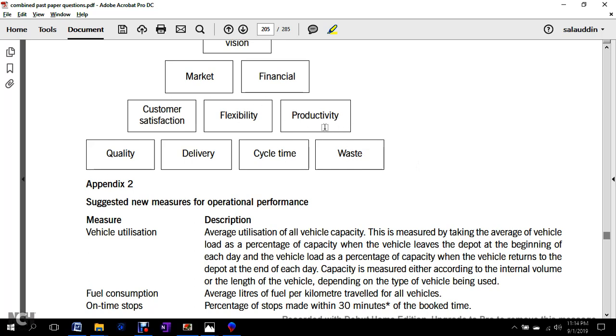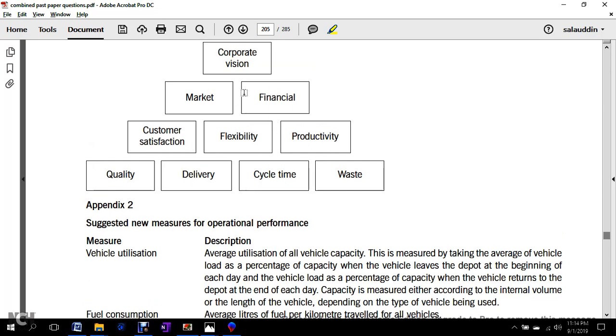Through the achievement of this, if our customers are satisfied, they will come to us, our customer base will grow, so that will grow our market share. If we are flexible enough, our customers will be satisfied as well, so our market share will grow. And if we are flexible enough and productive enough, we will be financially sound.